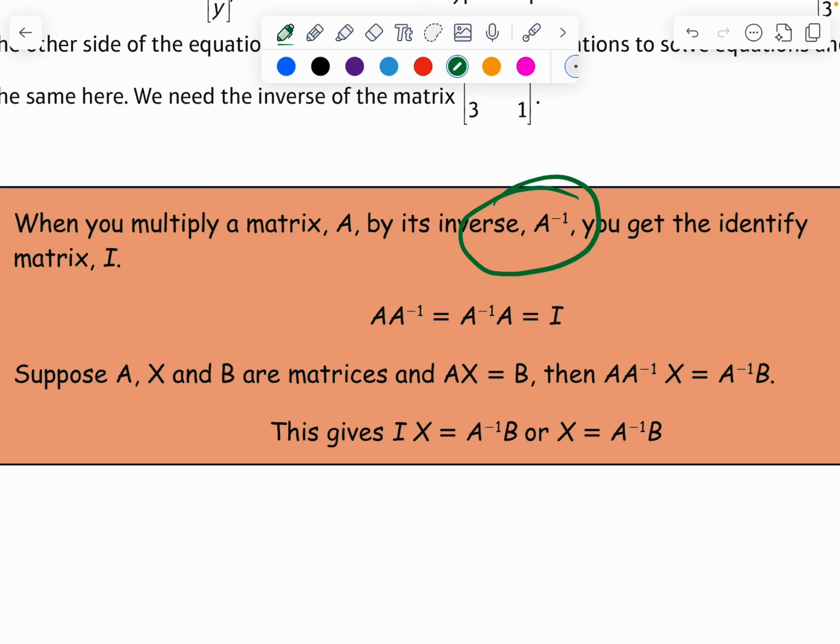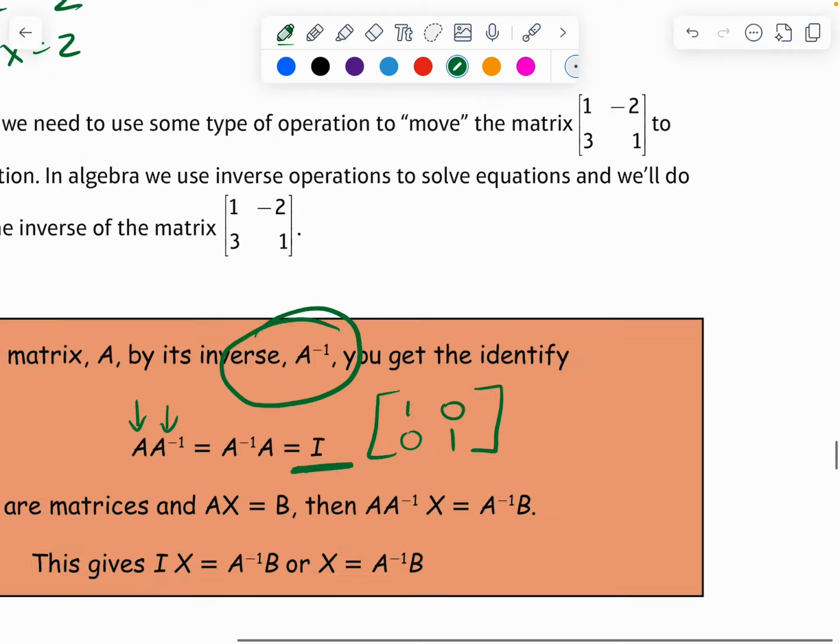So what's going to happen is if I take the matrix and multiply it by its inverse, I'm going to come up with the identity. So remember, identity for a 2 by 2 looks like this. Okay? So now we have to figure out how to make the identity.